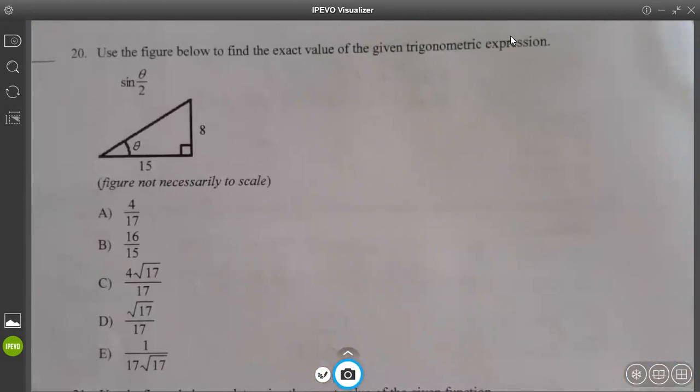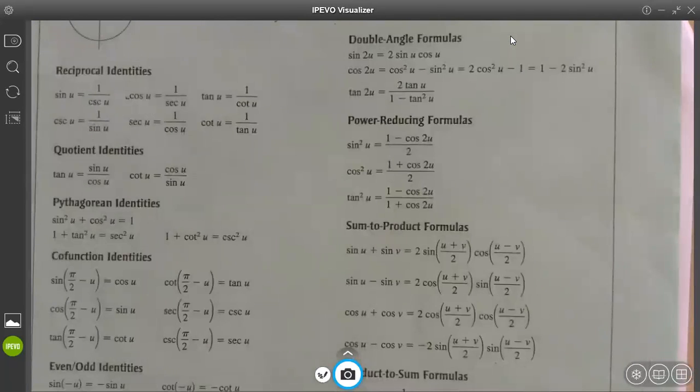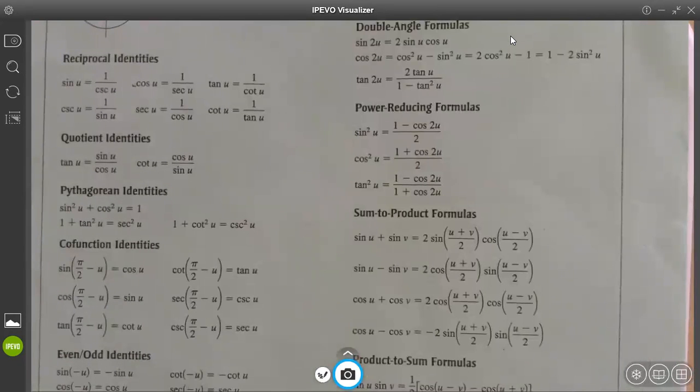All right, use the figure below to find the exact value of the given trig expression, sine theta over 2. The figure is not necessarily to scale, which is fine. So my cheat sheet, sine, it's just not even on there.